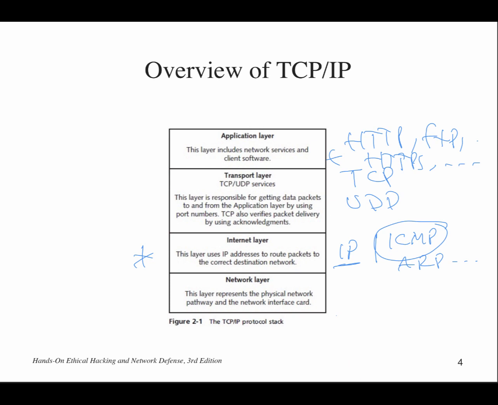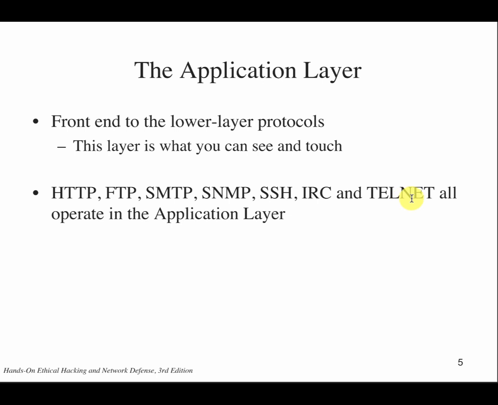Let me go back here. Okay, let's take a look now, starting with the application layer from the top. We go into more detail and see what kind of protocols there are and give a quick idea of what's going on. Remember, I'm not going to go into too much detail. The main thing is that we make sure we're on the same page when we talk about the IP address in general. So the protocols at the application layer at the top, we call the front end to the lower layer protocols.